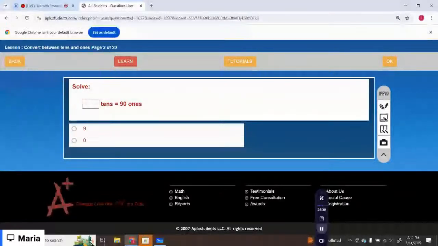19 ones equal how many tens? The correct option is 9 tens.